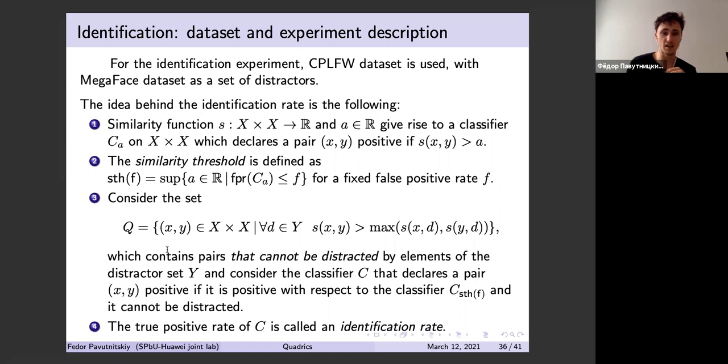Distractors are a different data set; in the ideal situation, it shouldn't contain any identities from X. So this is an additional step in this algorithm that is really important. And the true positive rate of the corresponding classifier is what is called an identification rate. These details are not really important. This is just some procedure that is used in industry.